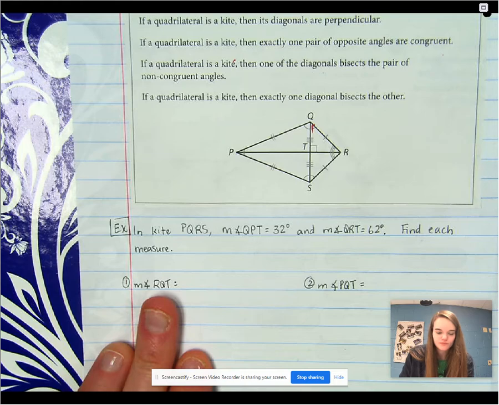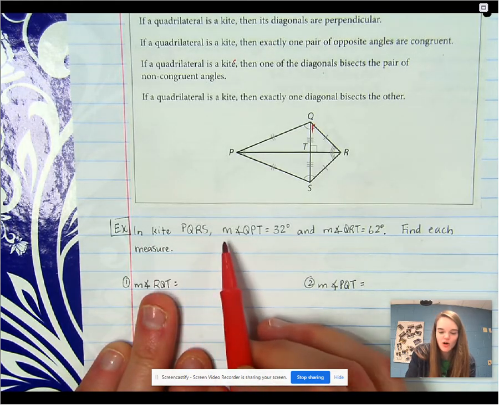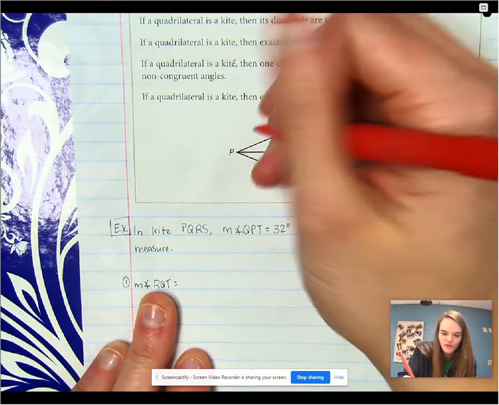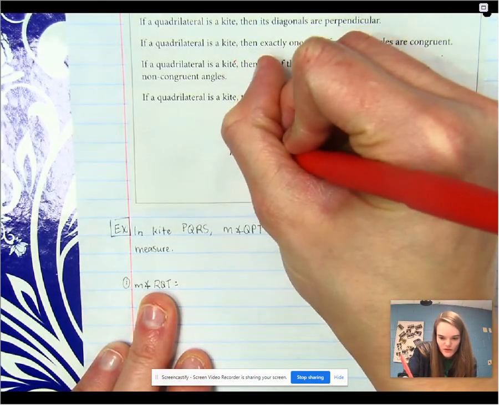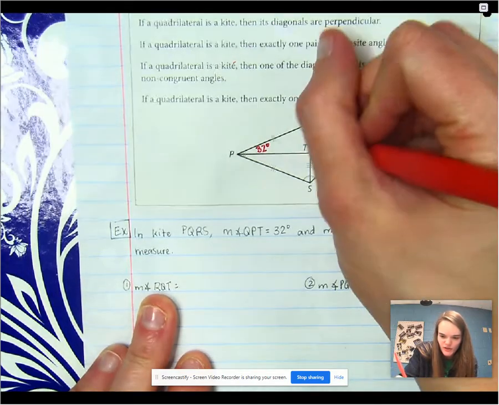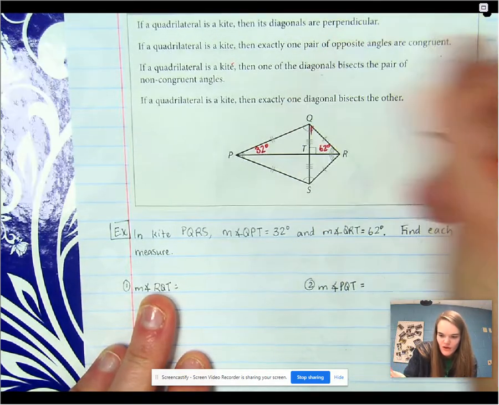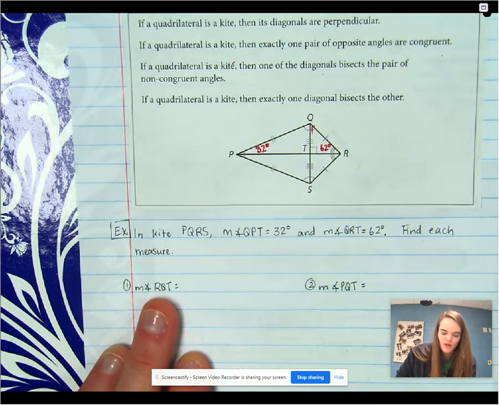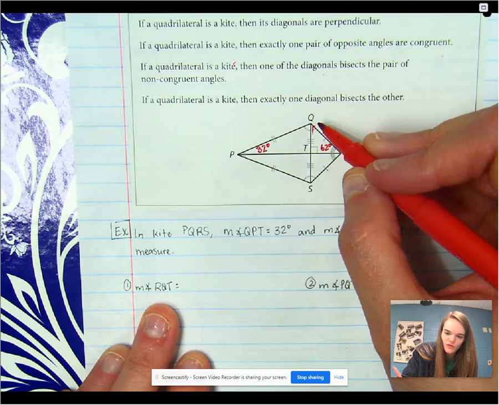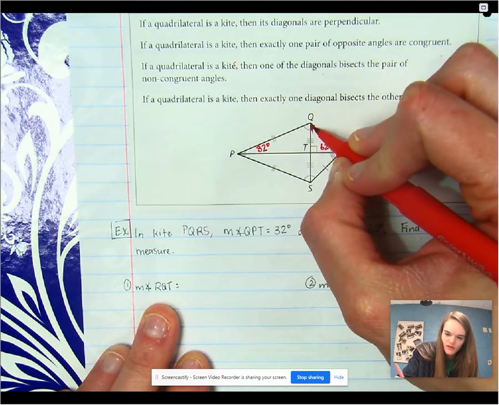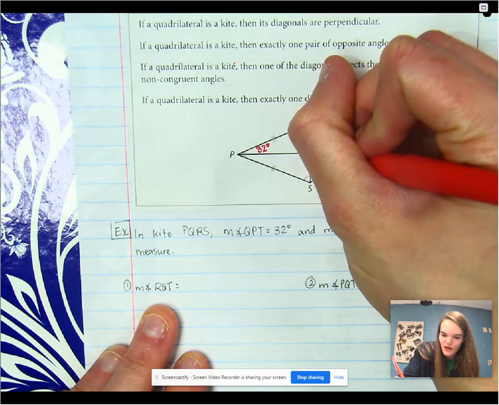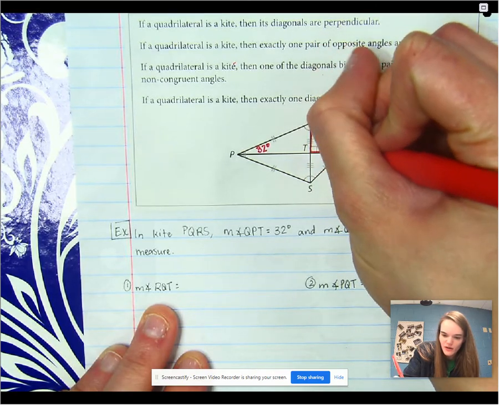All right. In kite PQRS, the measure of QPT is 32 degrees, and QRT is 62 degrees. Find each measure. Number 1, find RQT. This one right here. To do that, we are going to use the fact that we have a right triangle right here.